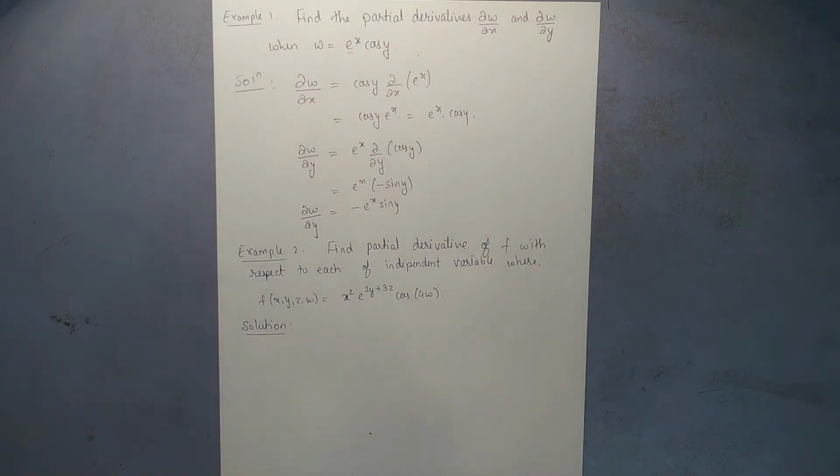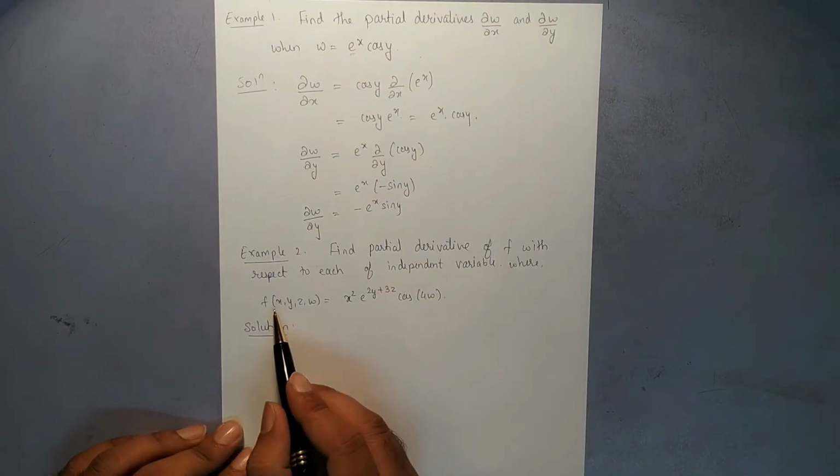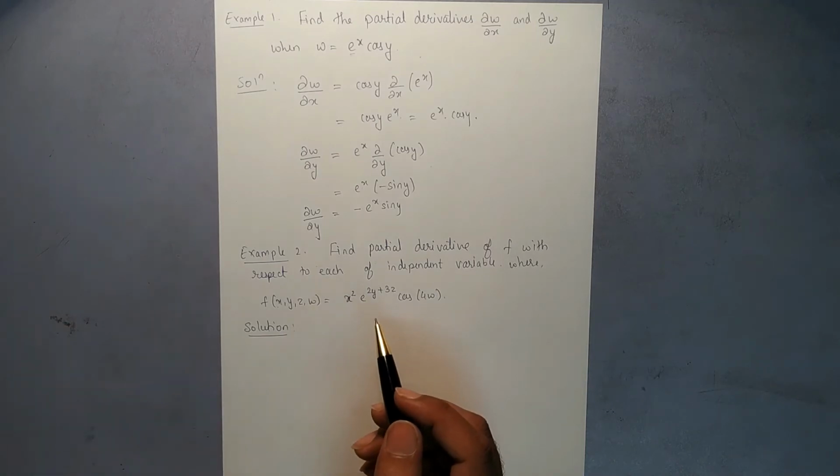Now we consider the second example in which you can see the function f is a function of 4 independent variables. So it is not always necessary that a function will be a function of 2 variables. It is also possible that the function can be dependent on more than 2 variables.